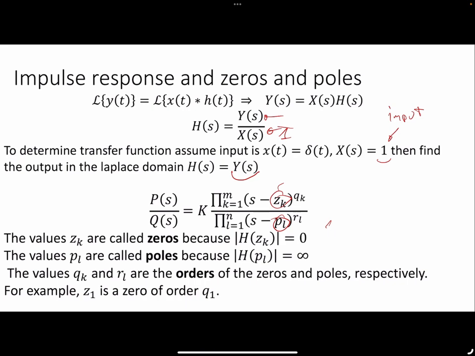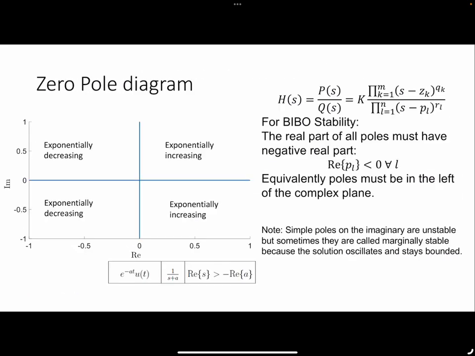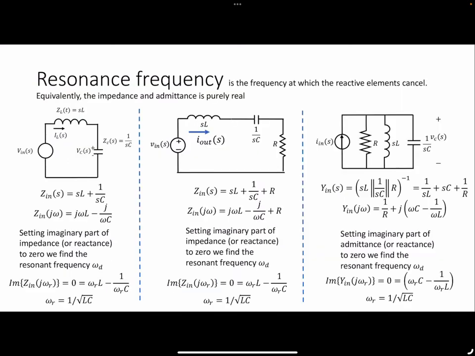Okay, so what else is there? Let's see. Yeah, that's pretty much it about this. So your resonant frequency is just basically the frequency where the imaginary part of the impedance or admittance is 0.